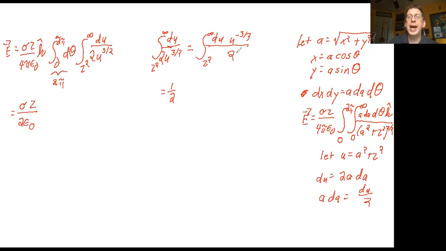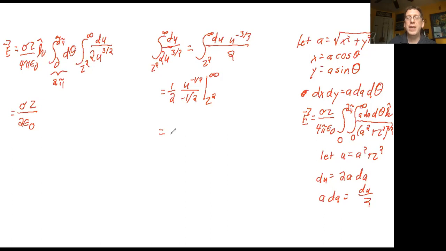The integral of u to the negative 3 halves is u to the negative 1/2 over negative 1/2. You're integrating that from z squared to infinity.